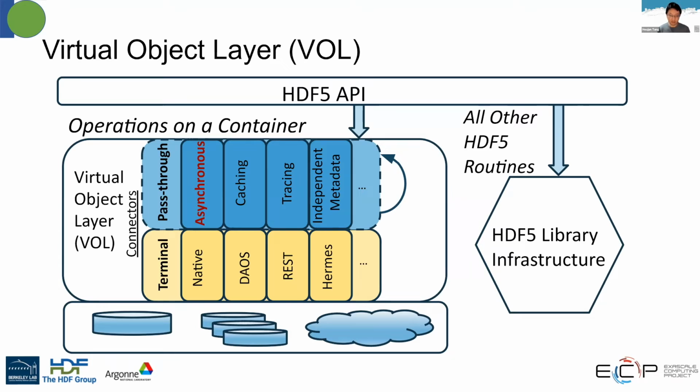After the pass-through VOLs, the HDF5 library has to reach a terminal VOL. Most frequently this is the native HDF5 terminal VOL, which interacts with the file system and reads and writes data. There are also other terminal VOLs, like the DAOS VOL that Jerome introduced yesterday, and REST VOLs that interact with cloud storage, things like that.